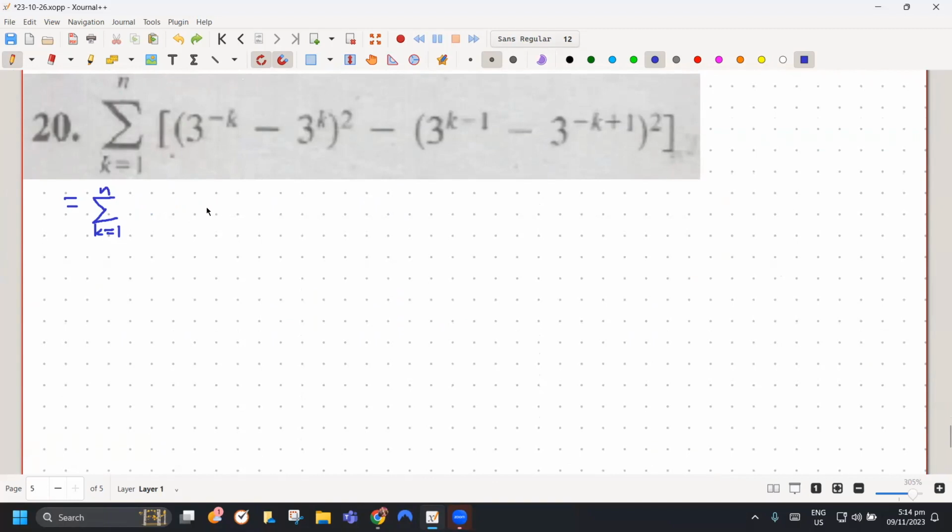What about the squares? What will the square do?